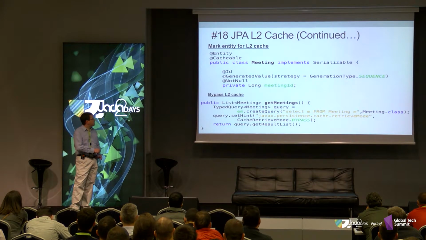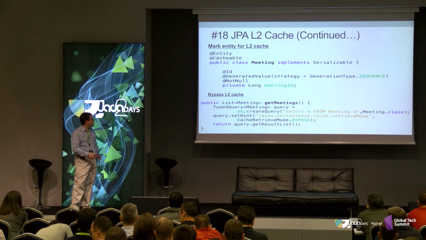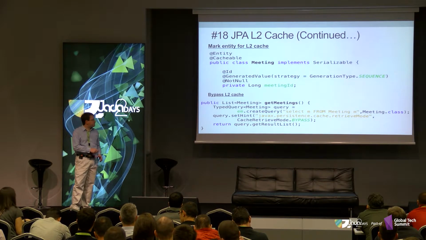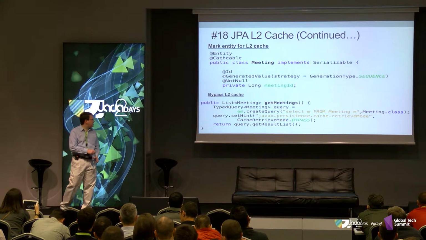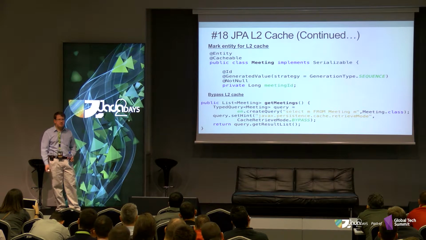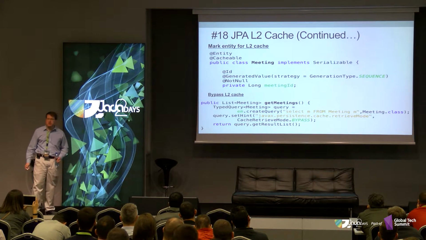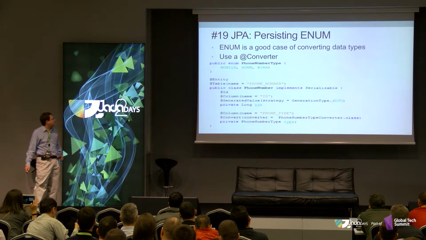That's a programmatic way of saying that this class does not change that often, so we want it in the cache. And then for situations where we want to bypass the cache, we can actually pass in a cache retrieval mode bypass, so that JPA will actually go to the database and retrieve the most recent version. It won't try to work with a cached value in memory.